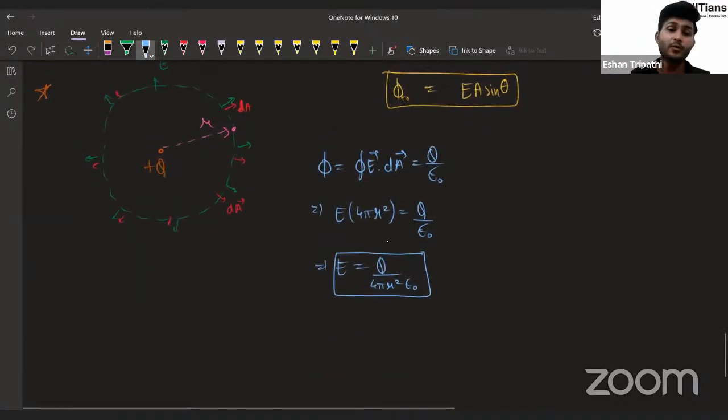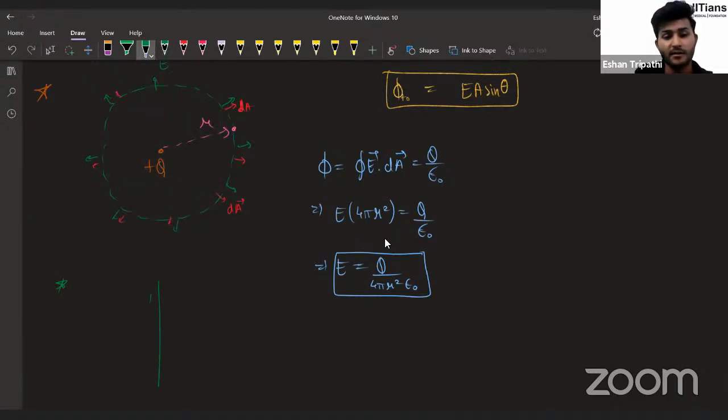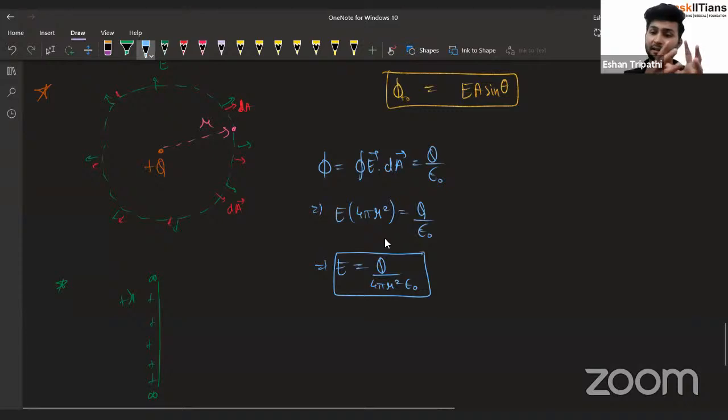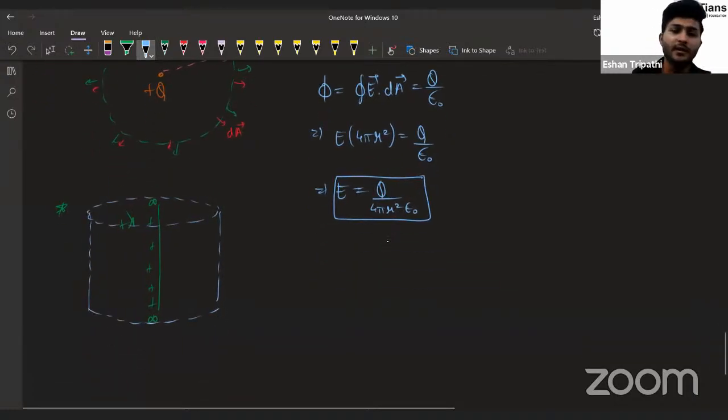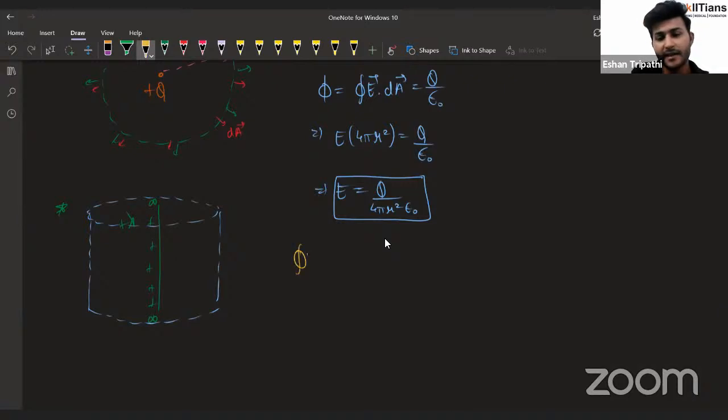Similarly, you may recall, we used to do it for other cases also, like the infinitely long charged wire. What kind of Gaussian surface did we used to take here? Since the electric field lines were coming out cylindrically, yes, we used to take a cylindrical Gaussian surface here, like this. And then we used to do the calculation, cyclic integral E dot dA equals charge enclosed upon epsilon naught.